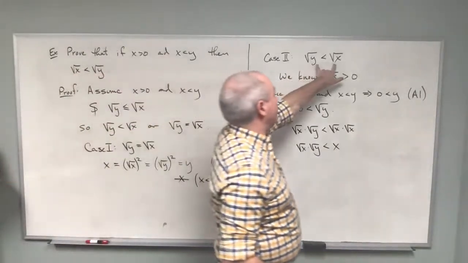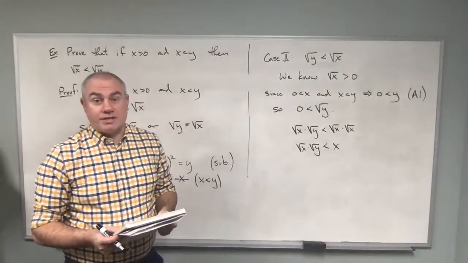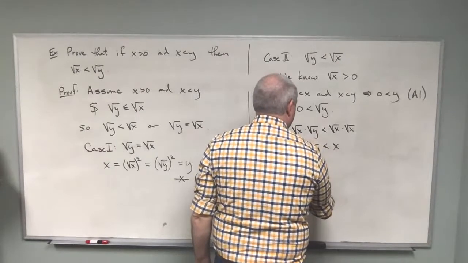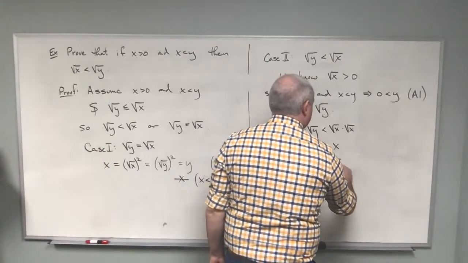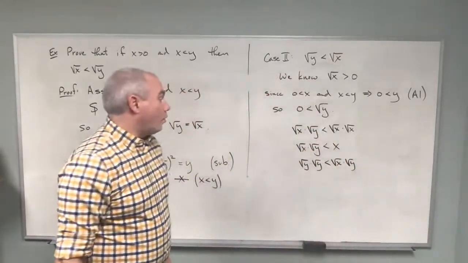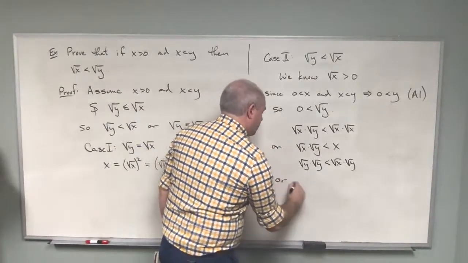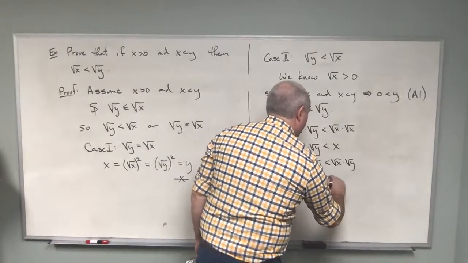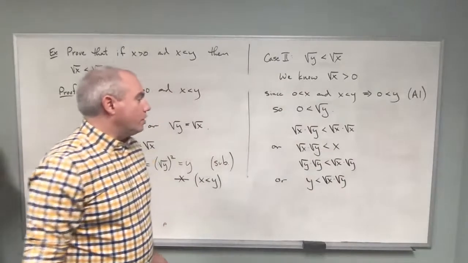Now let's multiply both sides of this inequality by the square root of y, which we also know is a positive. So I get that the square root of y times the square root of y is less than the square root of x times the square root of y, or y is less than the square root of x times the square root of y. So look what I have here.